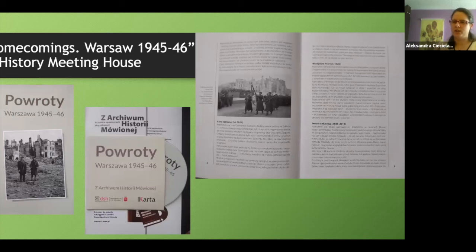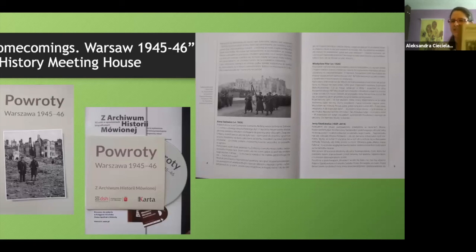Altogether, all the quotes form a narrative about homecomings to Warsaw between 1945-46. There is also a CD attached with parts of those interviews, and in the end, you have the list of all the interviews with the call numbers. So if you're interested in hearing more, you can go to History Meeting House and listen to the entire interview in their library.